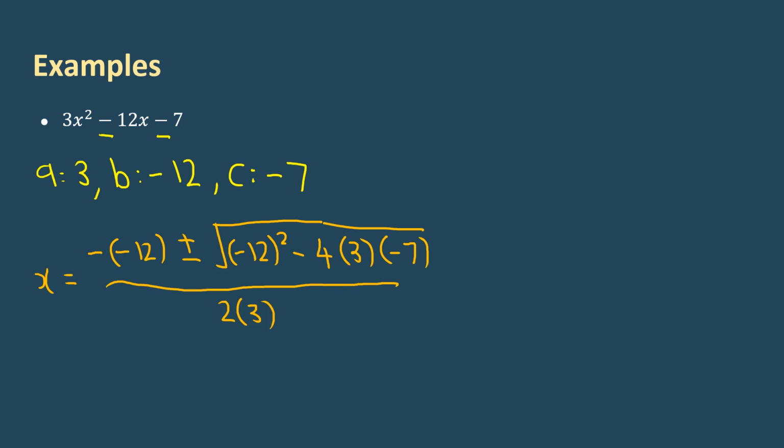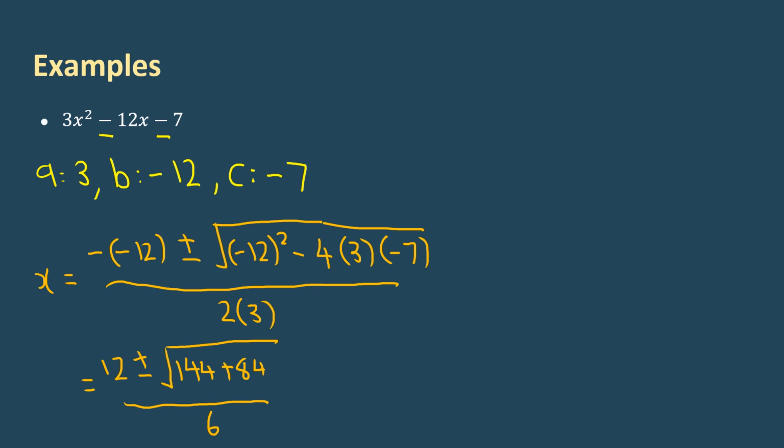Now we're going to simplify this. So we have 12 plus minus square root of 144 plus 84, over 6.